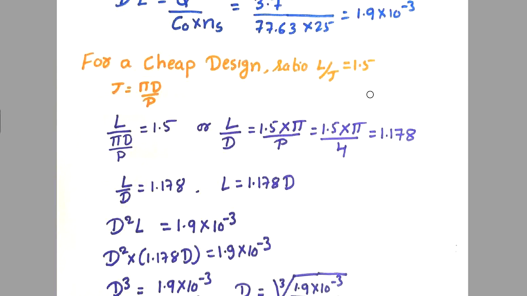Now, what is my pole pitch? Pole pitch lambda equals pi D by P. So L equals 1.5, instead of pi lambda, I will use pi D by P. After simplification, transferring the denominator from LHS to RHS, you will get L by D equals 1.5 into pi by P. So 1.5 into pi divided by 4 gives 1.178.